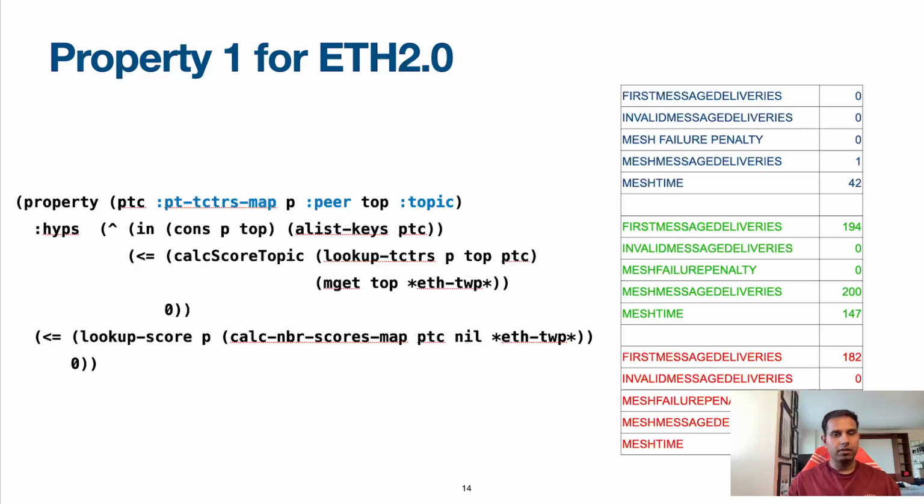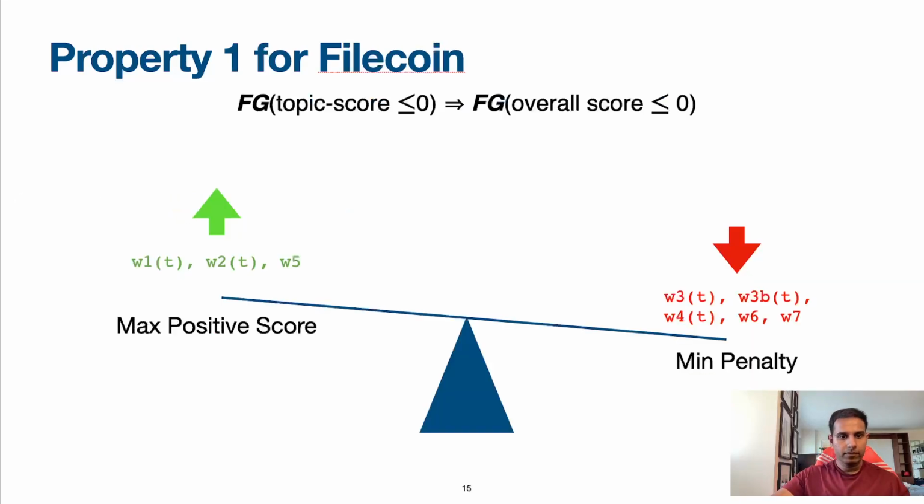When we simulate an Ethereum GossipSub network to reach these counter values, we notice that the state of the network starts looping back to this state, disproving the temporal version of this property as well. The reason that property 1 holds for Filecoin is that the maximum positive score is dominated by the minimum penalties due to misbehaviors. So any misbehavior is enough to bring the overall score below 0.